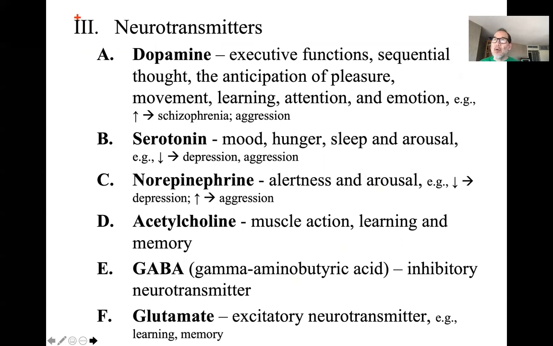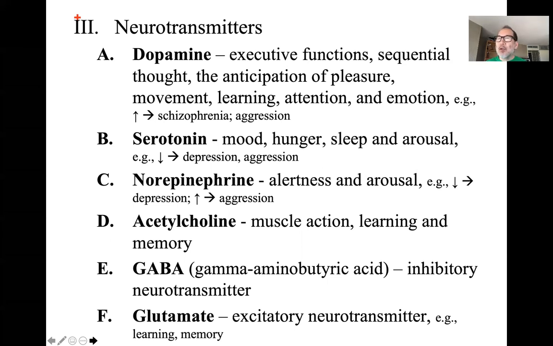Now, this chemical is associated with what's referred to as executive functions, or parts of the brain involved in organizing, planning, but also impulse control. That is, the ability to not act on your hunger or sex drives or aggressive impulses, to modulate or manage that.